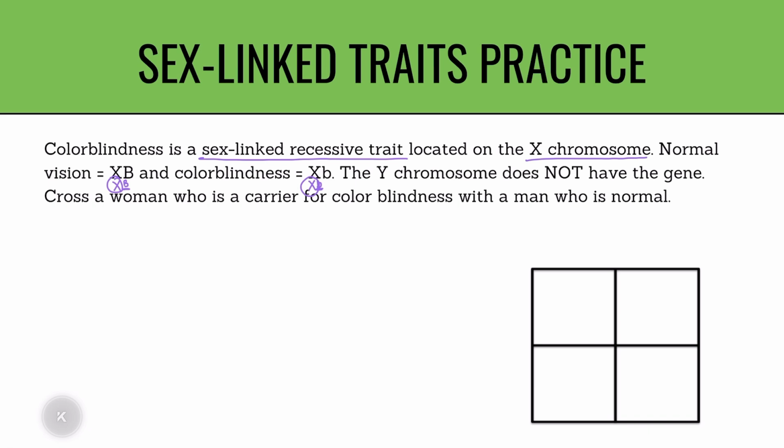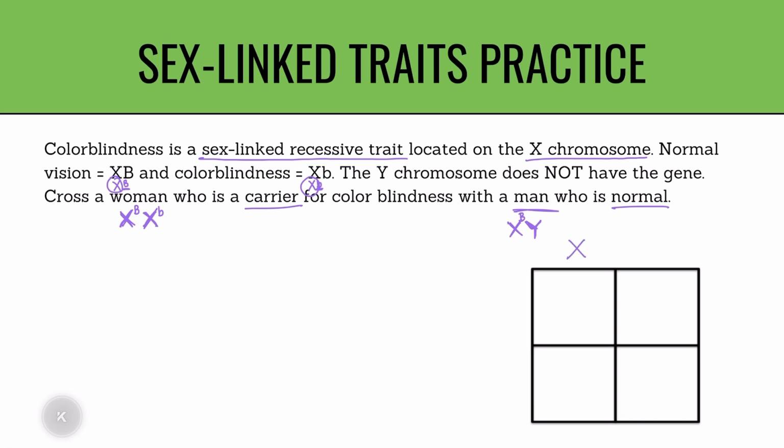So cross a woman who is a carrier. So woman, she has two X chromosomes. And carrier, that means that she is heterozygous for this. With a man, so his sex chromosomes, XY, who is normal. And so that means his X will be dominant. I don't put anything on the Y because this is an X-linked trait.